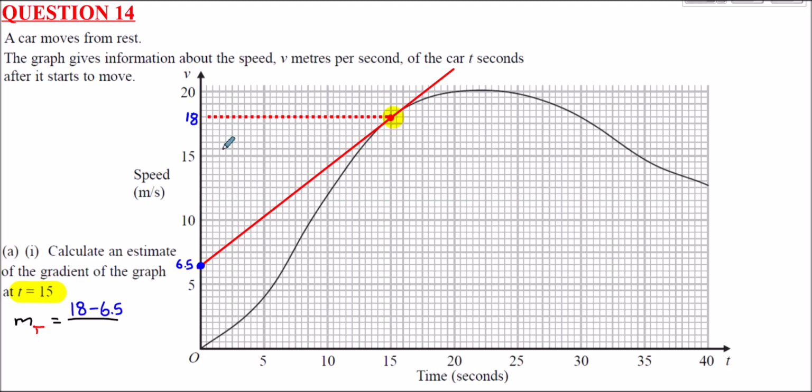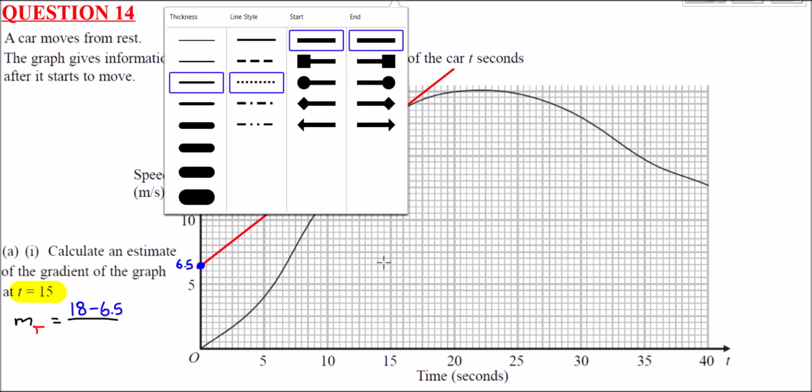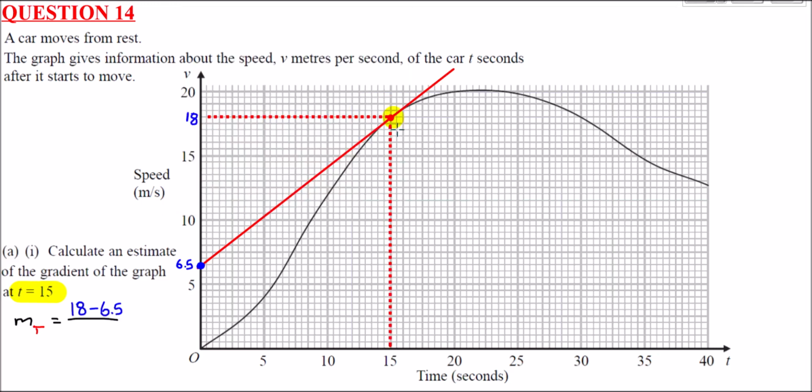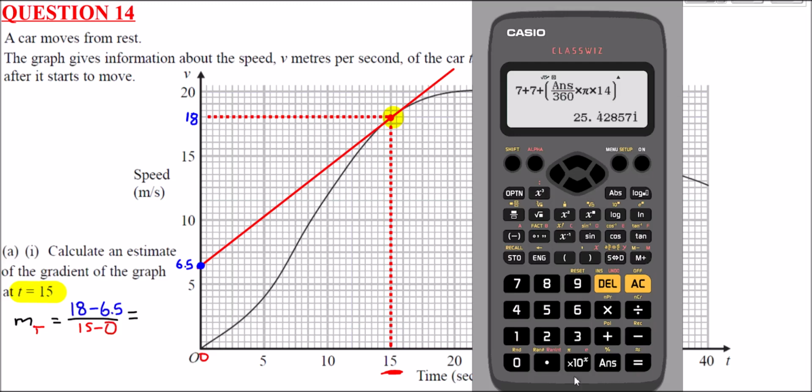Whereas the change in x, at this point here, the bottom, obviously there, x is 15, and at this point here, x is 0. So change in x is 15 minus 0. Plug this in, and we'll get an estimation of it. So 18 minus 6.5 on top, on the bottom 15 minus 0, 23 over 30, about 0.76.